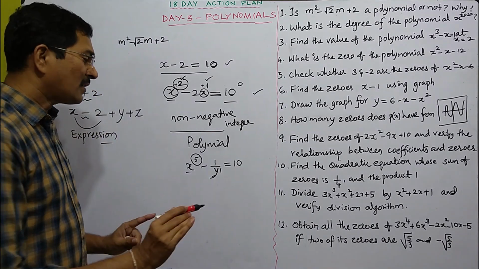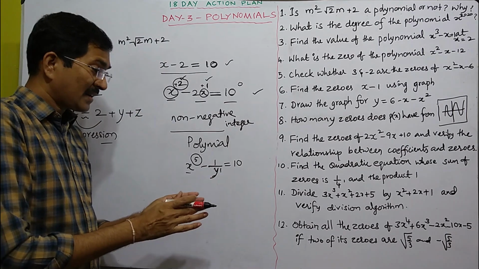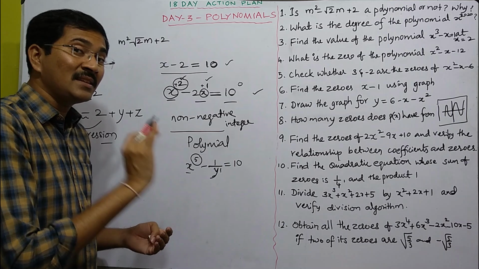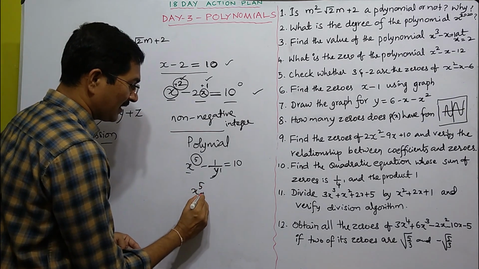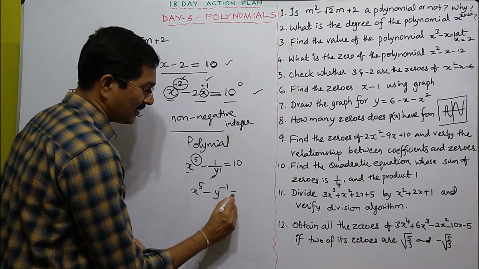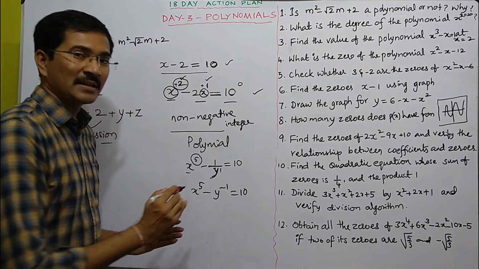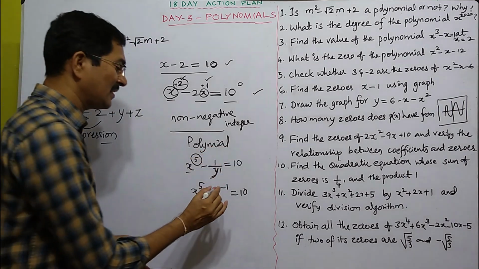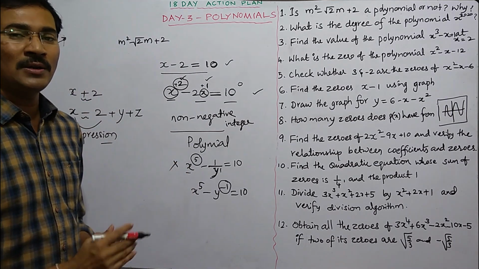But we should not consider variables as denominators. Transpose it into the numerator and then only check its power. So this can be written as y to the power of minus 1 is equal to 10. So this should not be in the denominator place. Make it a numerator, then check its power. So this is negative. So this is not a polynomial.